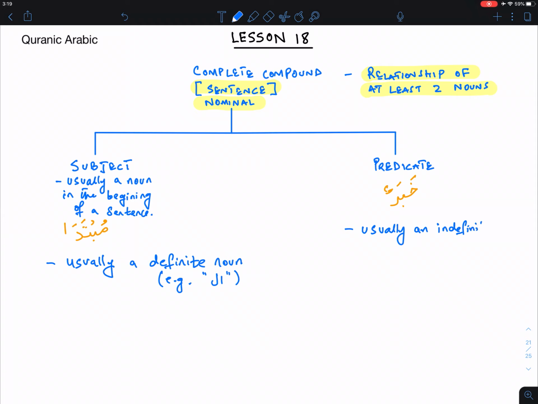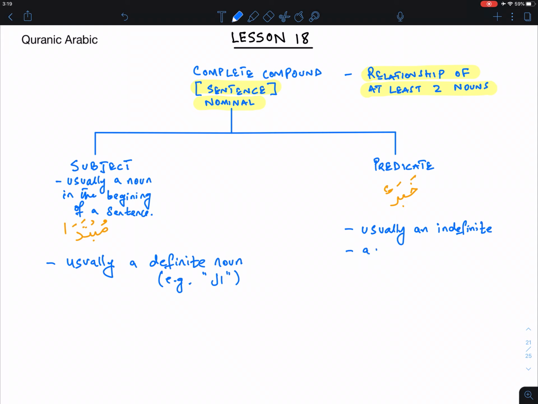Now you see how that definite and indefinite discussion about the noun is going to allow you to differentiate and have some chance of determining whether one would serve as a subject of a sentence and the other would serve as a predicate. So usually, the predicate or the khabar is an indefinite noun.